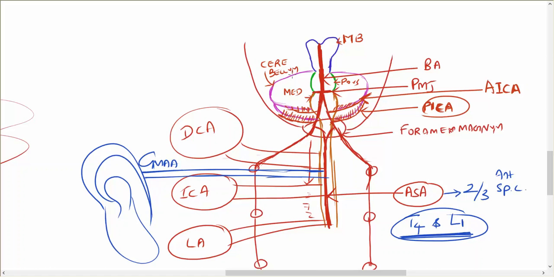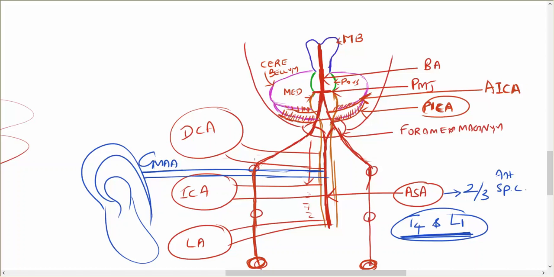From the right and left subclavian arteries, we get a branch, that is the vertebral artery. The right vertebral artery goes posteriorly, and it goes to the, what is this process? It is a foramen located in the transverse process.